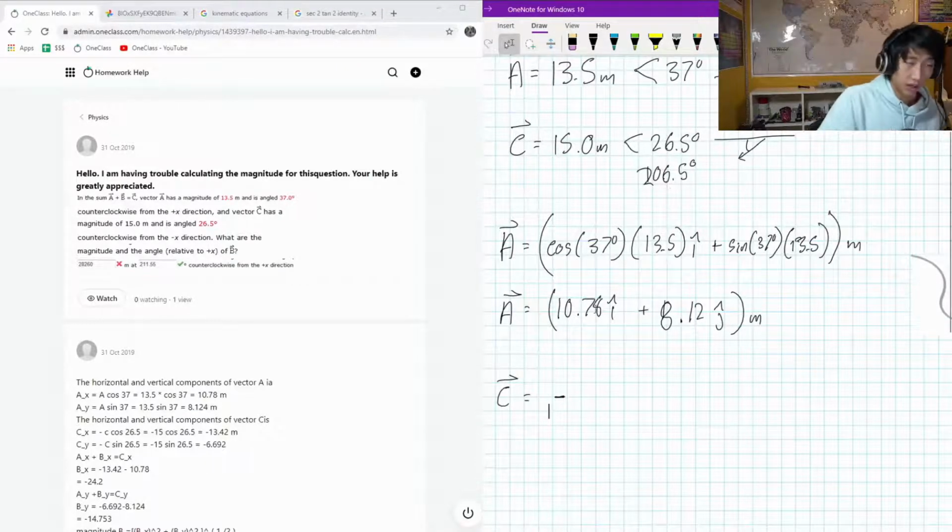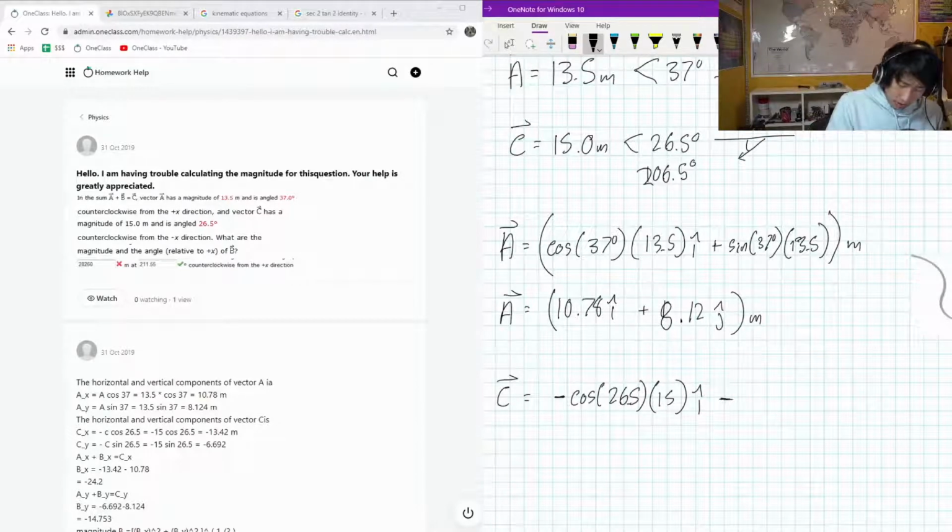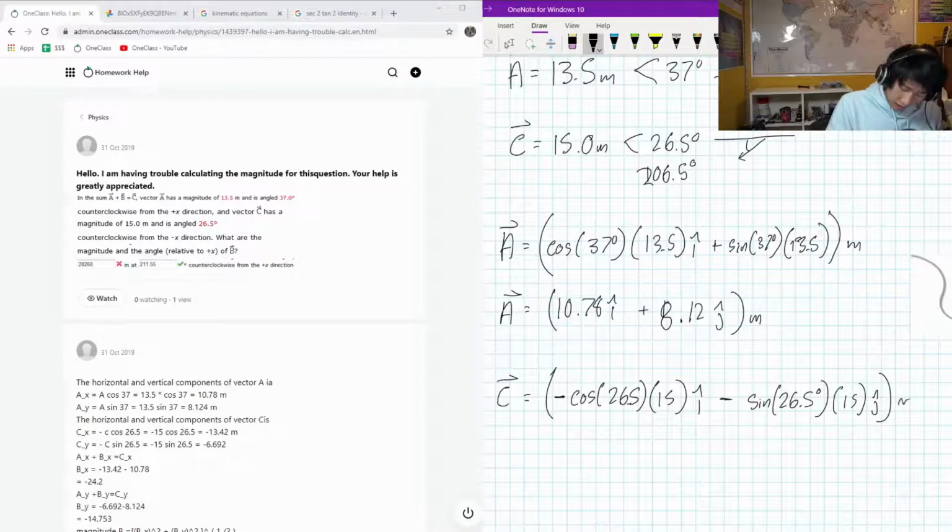So this will be cos 26.5 times 15 in the I direction, minus, because we're going towards the bottom left, sine 26.5 degrees times 15 in the j direction. And that whole thing is meters.